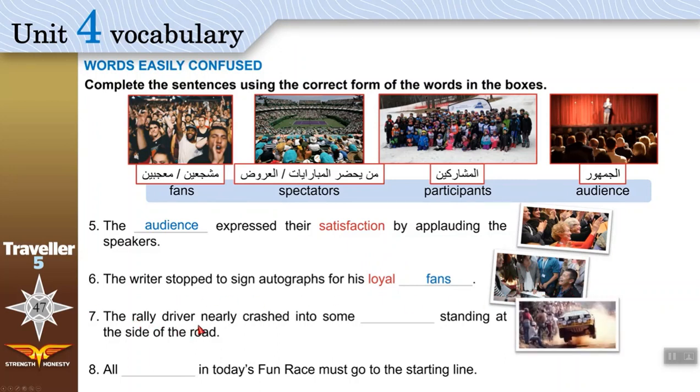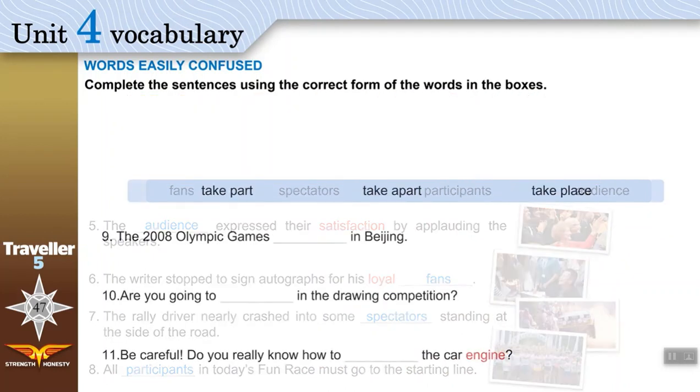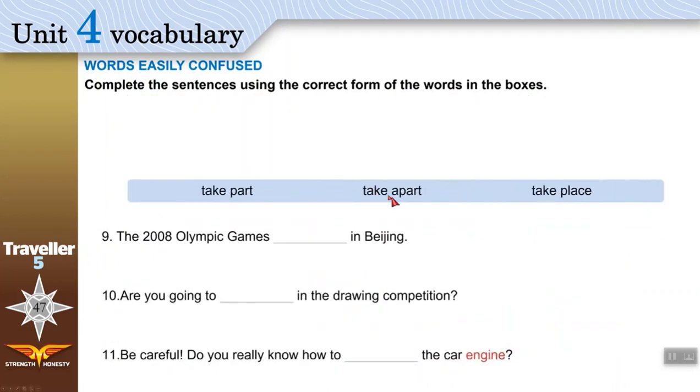The rally driver nearly crashed into some spectators standing at the side of the road. So be careful when you go to watch something dangerous. Go to a safe place. Number 4: All participants in today's fun race must go to the starting line. Of course, they start so that they can go for the race.